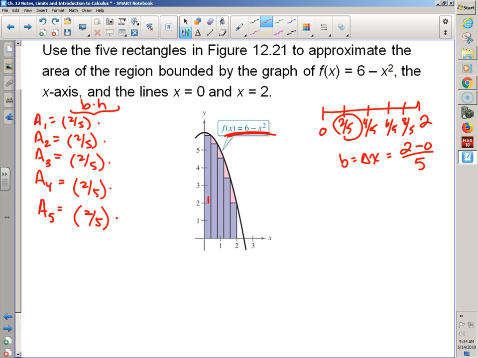So it'd be, now do we know that off the top of our heads? No. Somewhere between 5 and 6. But what could we use our calculator to do? Plug it in, and we could do 6 minus 2/5 squared. 2/5 squared would be 4/25, and 6 minus 4/25.